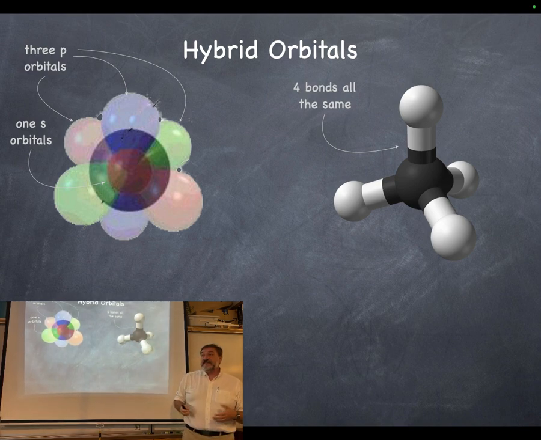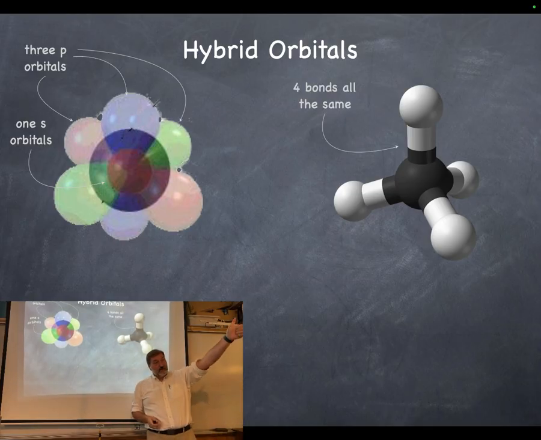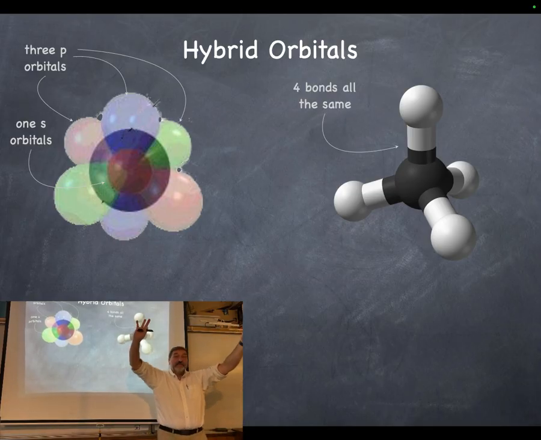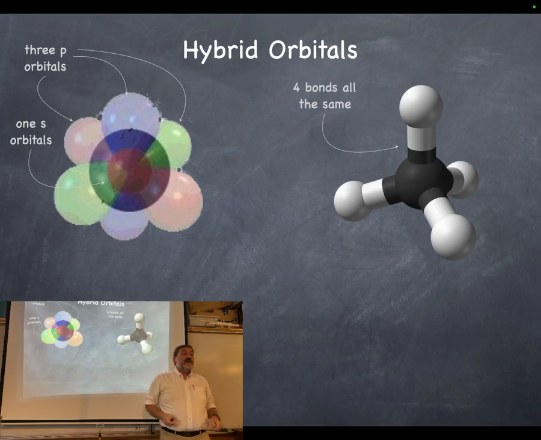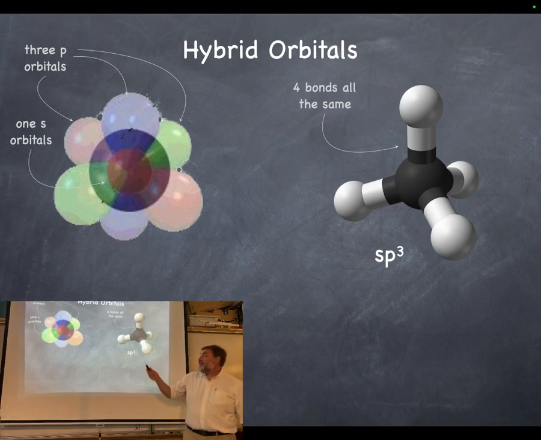All right. So in this case, we took an s orbital and we combined it with three p orbitals. So we say the new orbitals are sp3 hybrid orbitals. A single s orbital combined with three p orbitals. The superscript notation here is just how many p orbitals you combined.